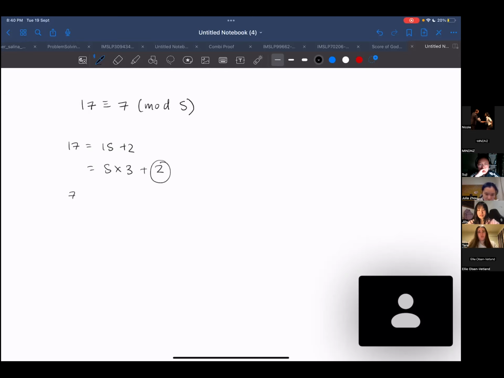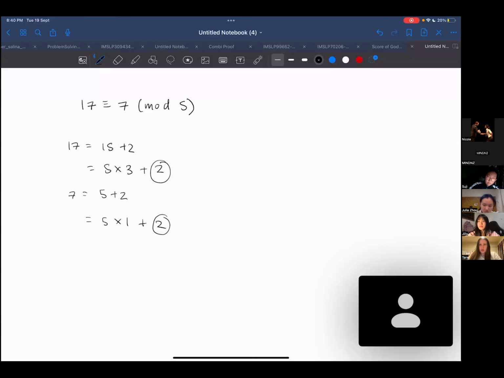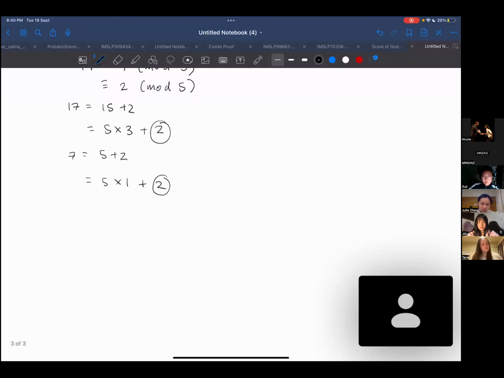And 7 equals 5 plus 2, which equals 5 times 1 plus 2, so you get a remainder of 2 in both cases. That is why they are congruent in mod 5. Does that make sense now? So 17 is congruent to 7 mod 5, which is also congruent to 2 mod 5.